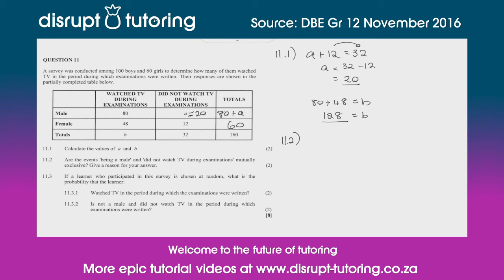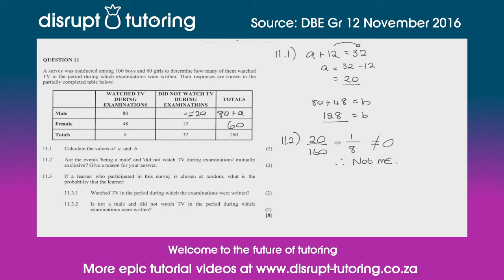So the probability of male and not watching TV must be 20 over the total, which is 160. And if we simplify that, that'll end up being 1 over 8. And there we can see that that does not equal 0. So therefore, not mutually exclusive.